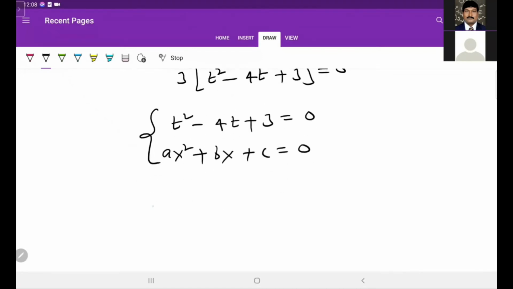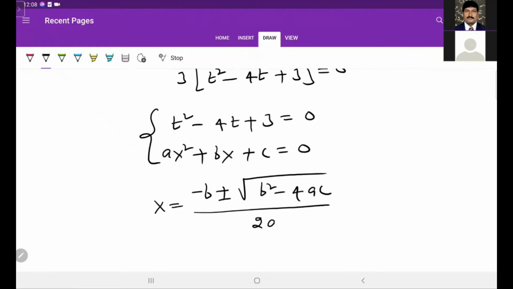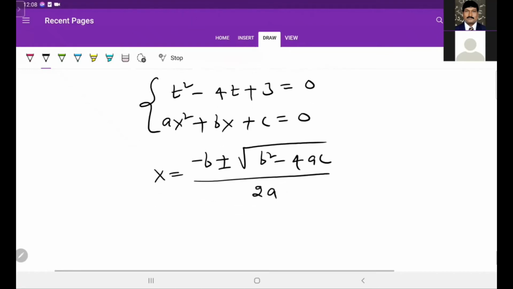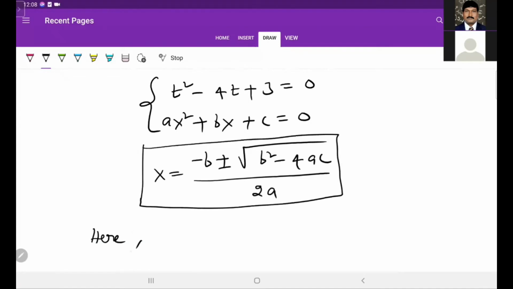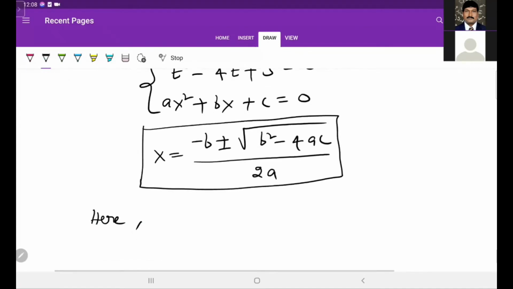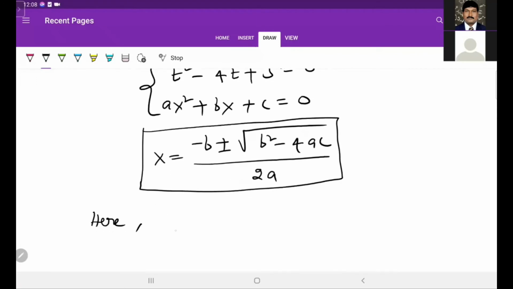To find its roots, we use x is equal to minus b plus or minus under root of b square minus 4ac, by 2a. Using this formula, we can find time. Here x is time; in place of x, we have t.